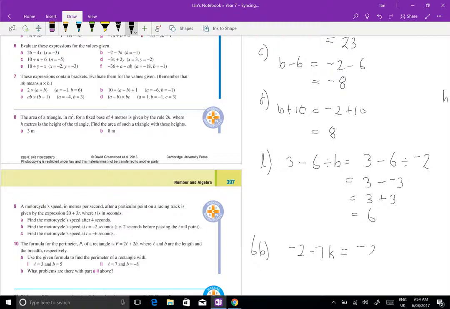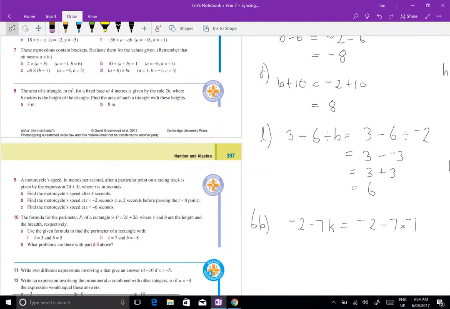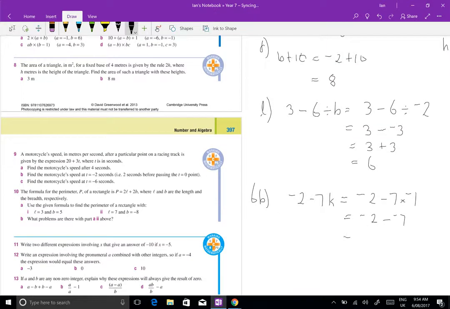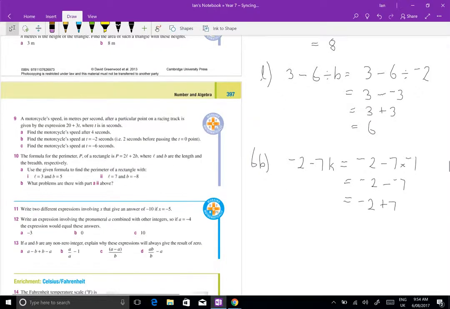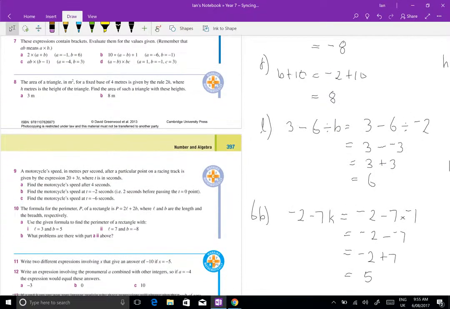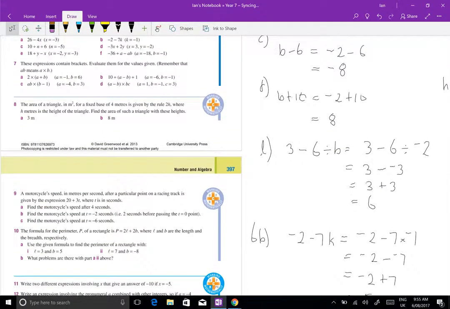Well, -2 minus 7, remember that's times, and k is -1. Well, -2 minus 7 times -1 is -7. Well, that's nice, because those two negatives will make it +7, and -2 plus 7 will give me 5. Again, I would suggest using your calculator.